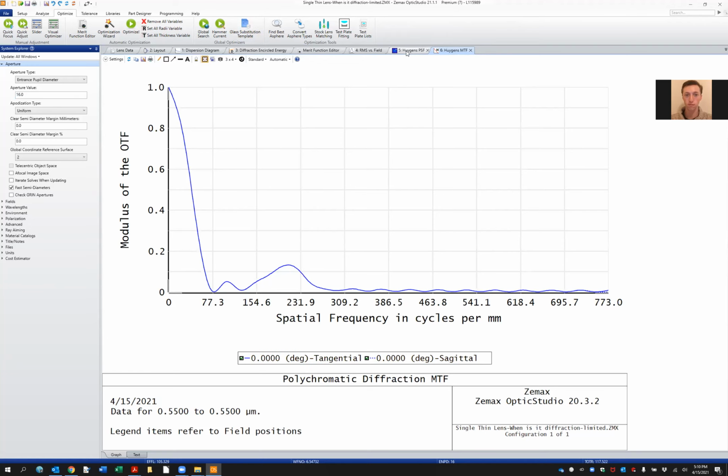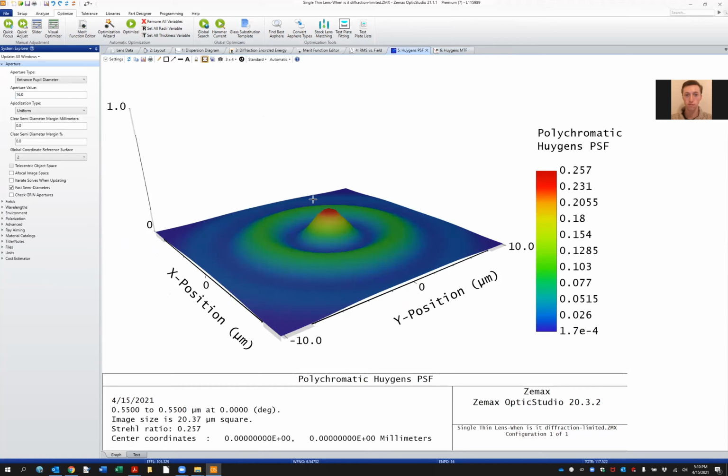And if we look at the point spread function, we can see that now, instead of having all of the energy confined into the central peak, the secondary peak looks pretty bright as well. The energy is being spread out among multiple peaks, rather than being concentrated in the center.